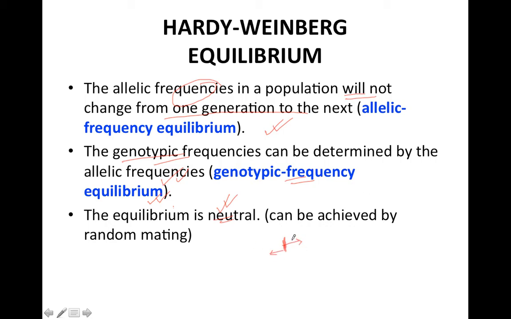Even if it moves, it will come back through random mating, meaning a population in which there is random mating. What is random mating? Random mating means there is no choice or no circumstances which can influence the mating.